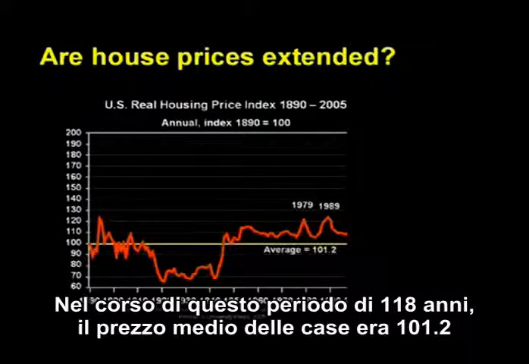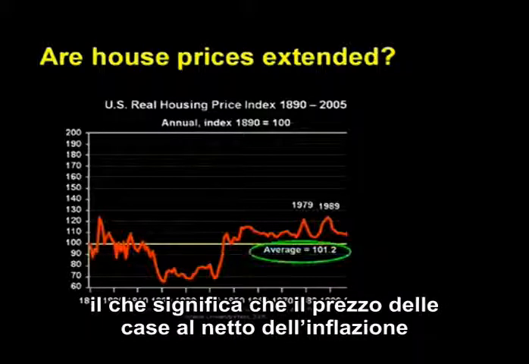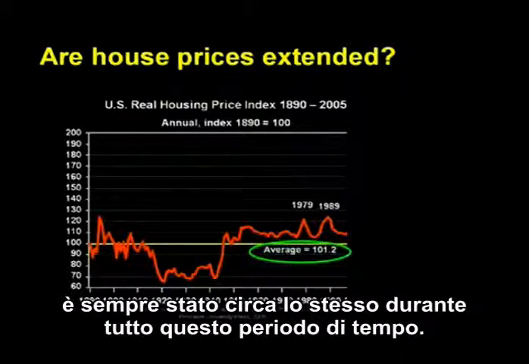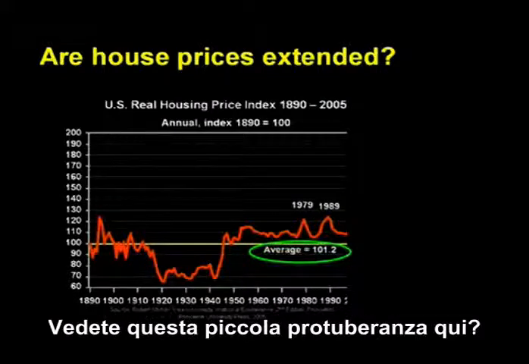Over this entire 118-year period, house prices averaged 101.2, meaning that inflation-adjusted house prices are roughly comparable across this entire sweep of history. See this little bump right here?